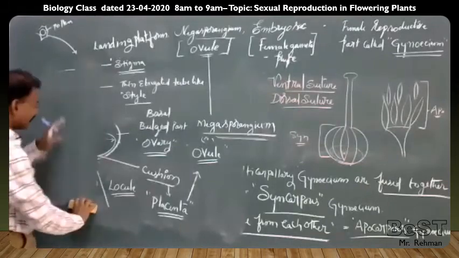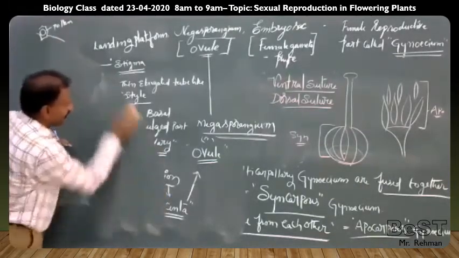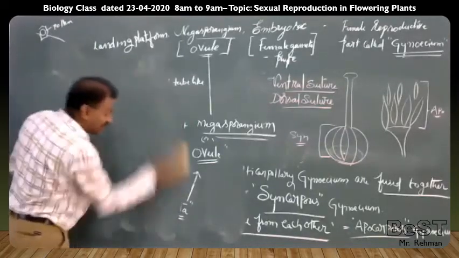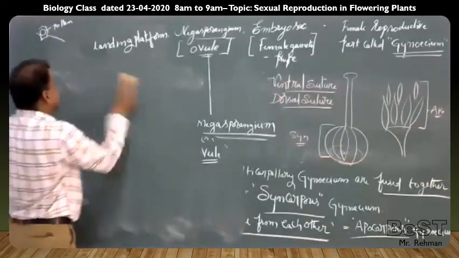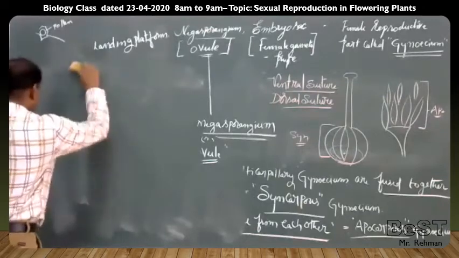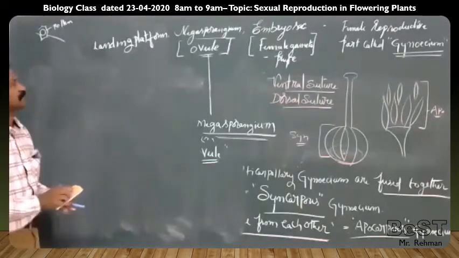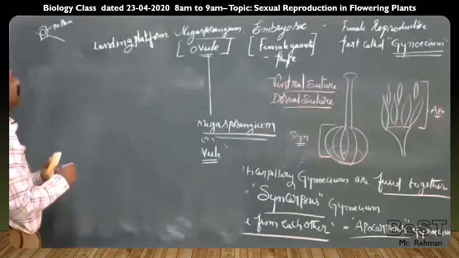Now, in the ovarian cavity, in the locule or within the chamber of the ovary, the structure found attached to a particular place called placenta is the ovule. In angiosperms, ovules are called integumented megasporangium.